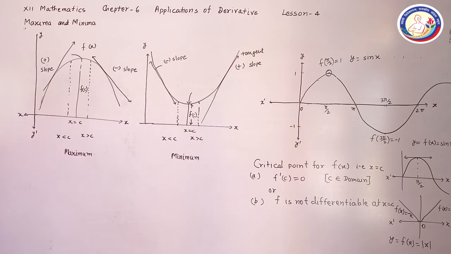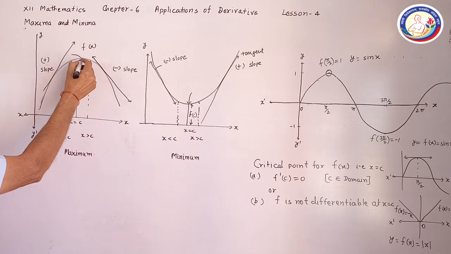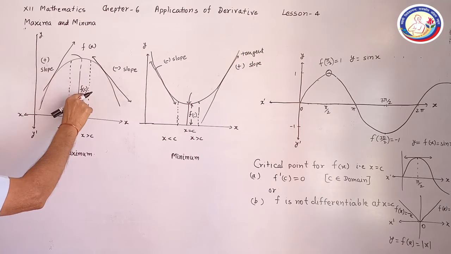We observe that in the vicinity of c, the value of the function for any value in this interval except x equal to c is less than f(c).